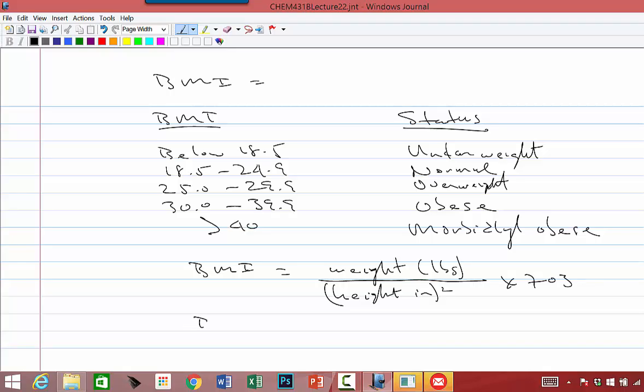So just take me, for example, sadly. If I exercise a lot and don't drink any water for a whole day, I can get down to 190, and my height is 5 foot 8.5, but I'm going to round that up to 5 foot 9, so that's going to be 69 inches squared, and if I multiply that by 703, I come out to 28.1.